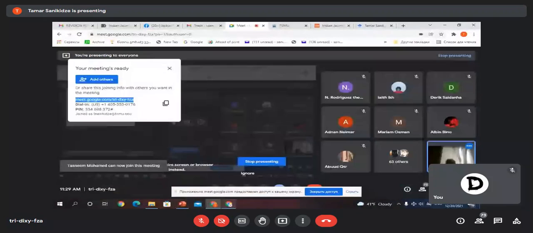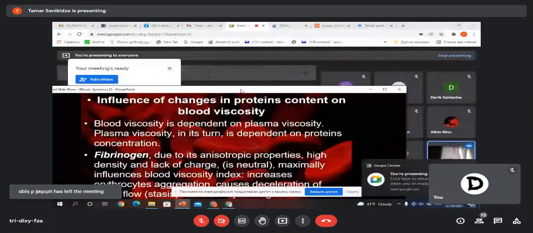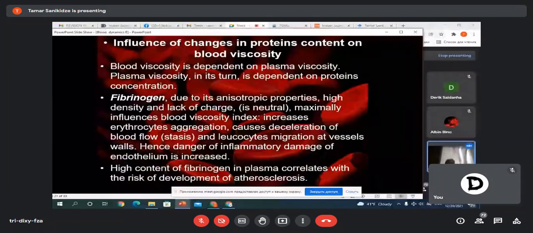There are different proteins in the blood plasma. It was shown that the protein albumin, whose amount is highest in the blood plasma, does not affect blood viscosity importantly because it is a globular non-active anisotropic protein. The fibrinogen, due to its high anisotropic property, high density and lack of charge, it is neutral, maximally influences the blood viscosity index.